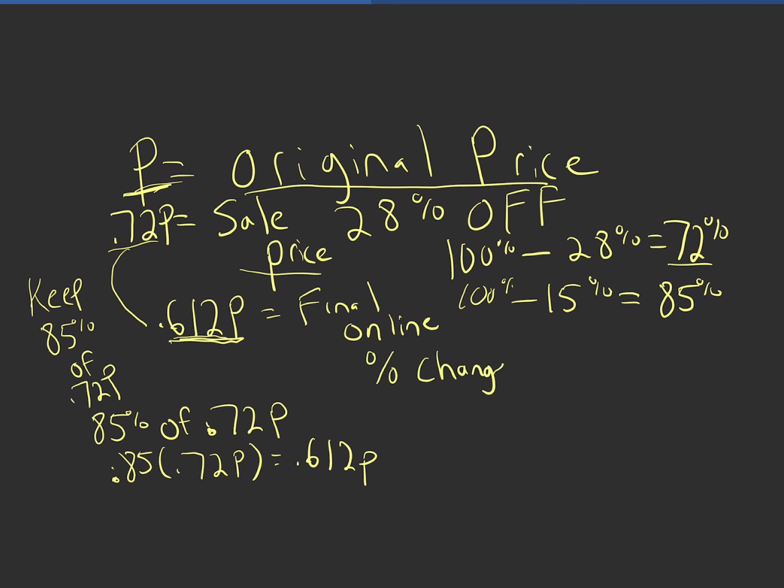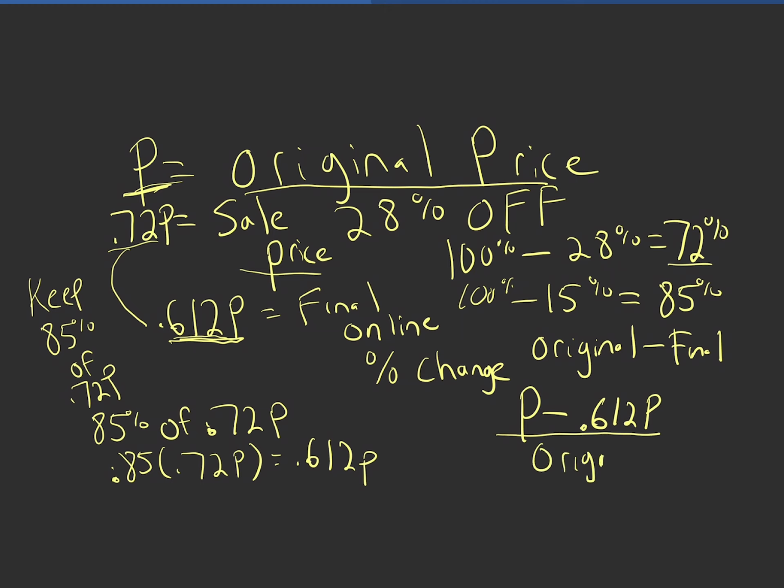We're going to do the original, which is the P, minus the final, which is 0.612p, and then divide by the original. So the original was P, take away 0.612p.